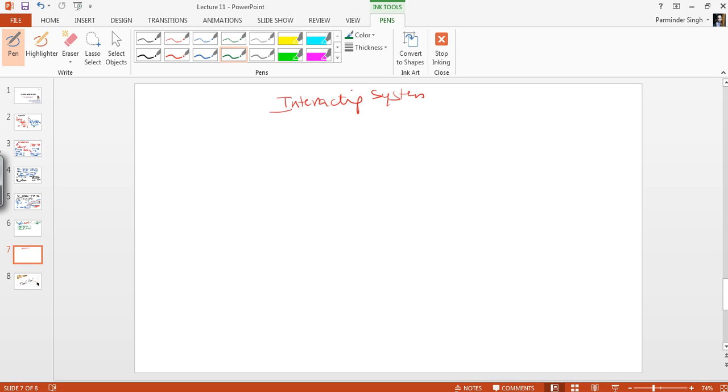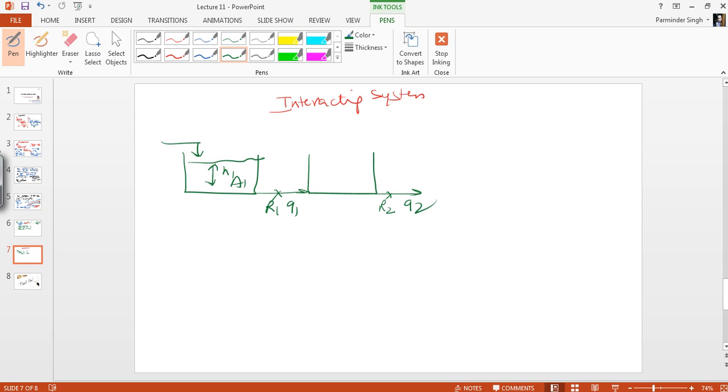Now in interacting systems, we know that the output of tank 1 goes into tank 2. Let's say this is H1 with the cross sectional area A1, resistance R1, Q1, resistance R2, Q2, tank H2, area A2, and that's a Q. Clear?